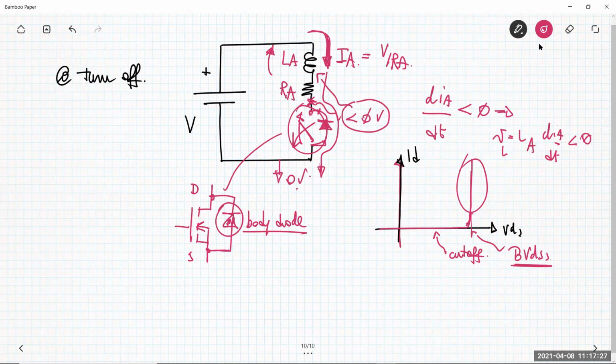So this is not exactly true, because of course operating a MOSFET exactly at the breakdown voltage is something which is not permitted.